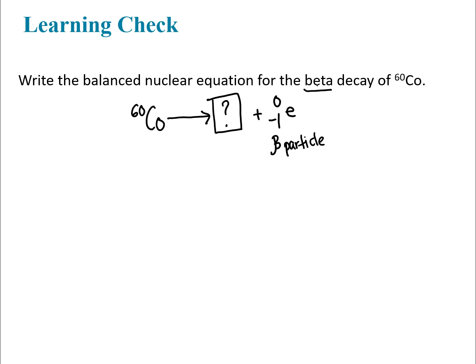Now there's a key piece of information that we're missing here. We don't know the atomic number of cobalt. Pull out your periodic table and tell me what the atomic number is for cobalt. It's 27.